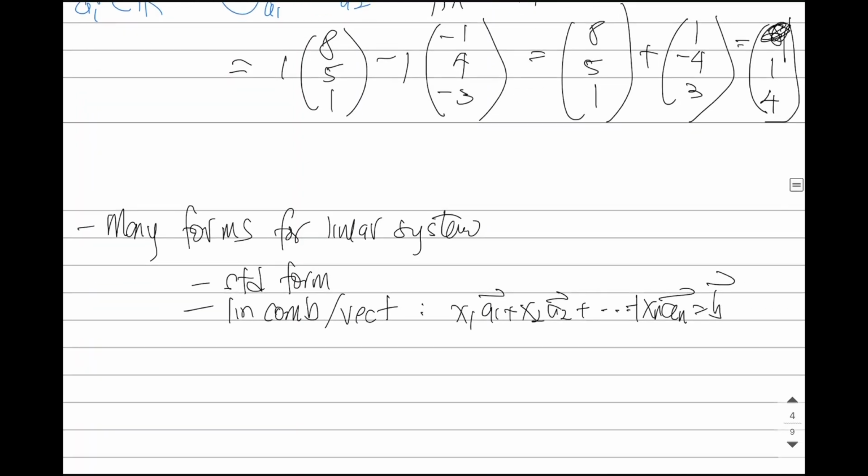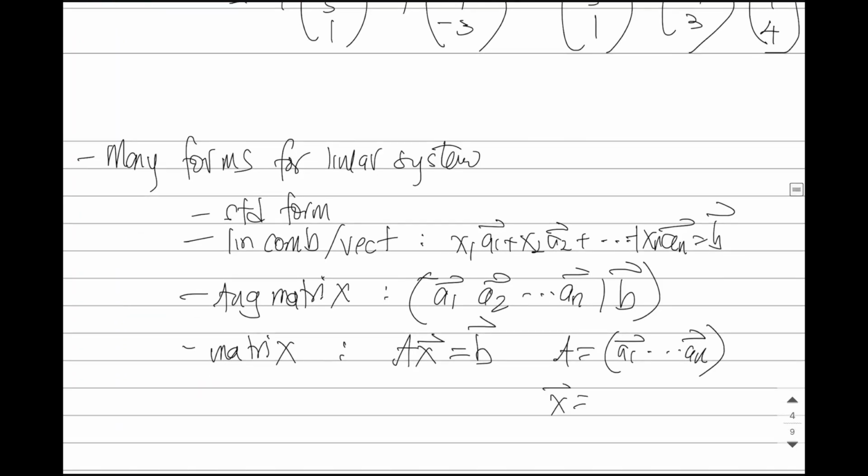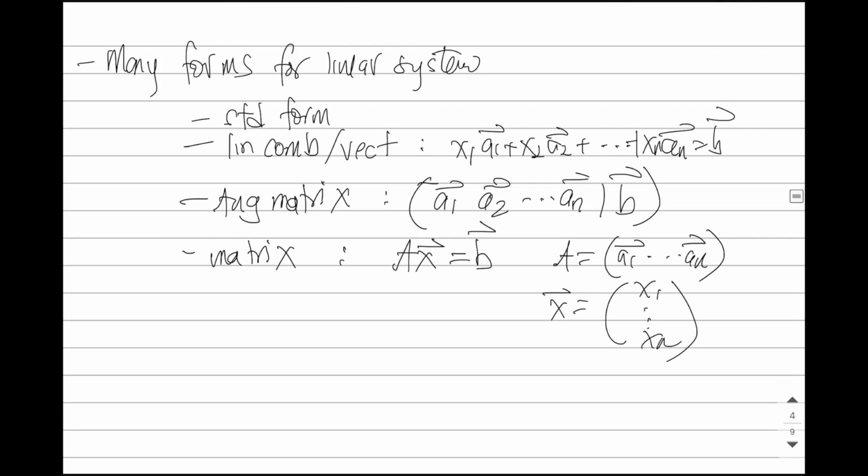You could write it in augmented matrix form, which is basically A1 as the first column, A2 as the second column, all the way down to An, and then there's a right-hand side. But now we've got this new matrix version, AX equals B, where A is a matrix that has all of these columns, and X is a vector that holds all of those individual entries. Remember, the number of entries in X has to match the number of columns in A.